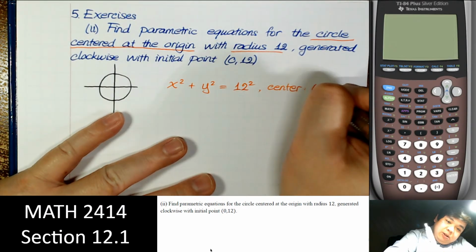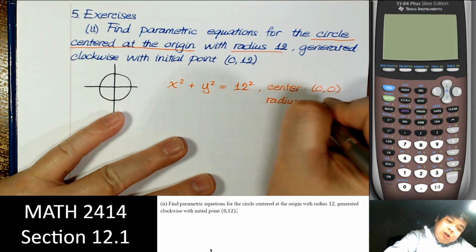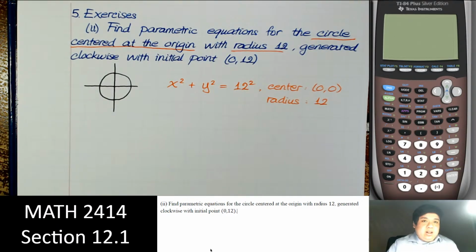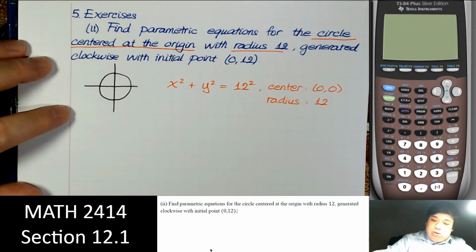Center is 0, 0 and radius 12. However, that doesn't tell us where the circle starts. So this is what we can do. This one goes clockwise, right? And that's a key also.